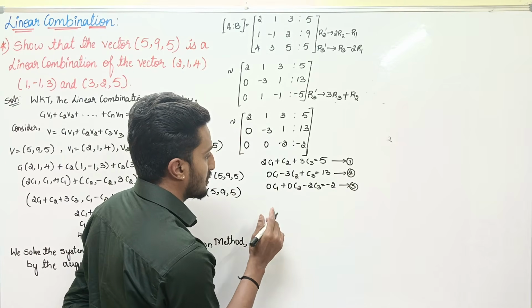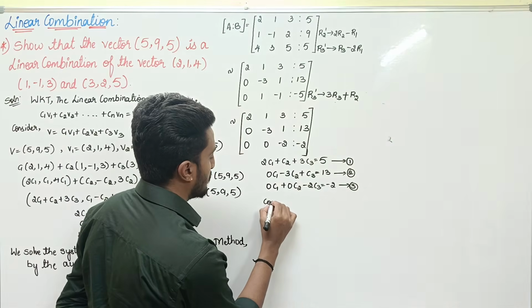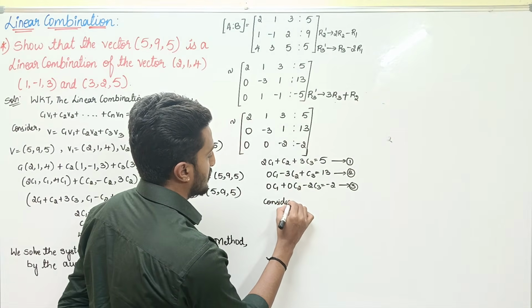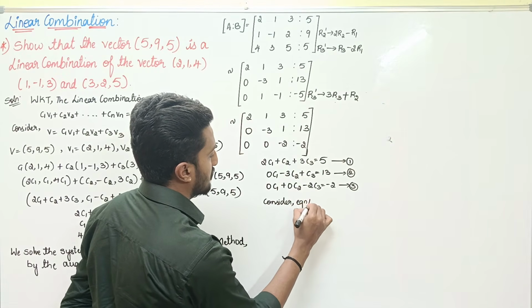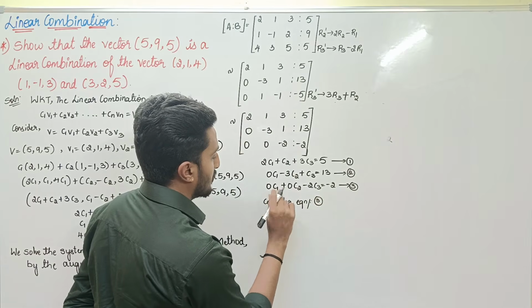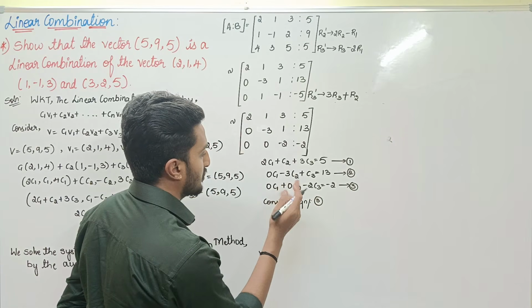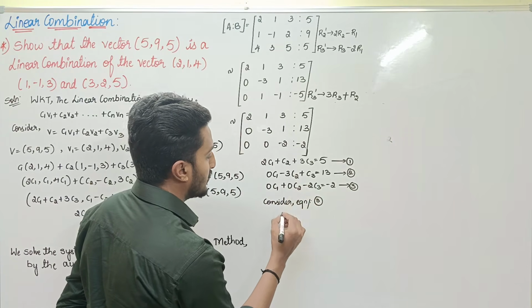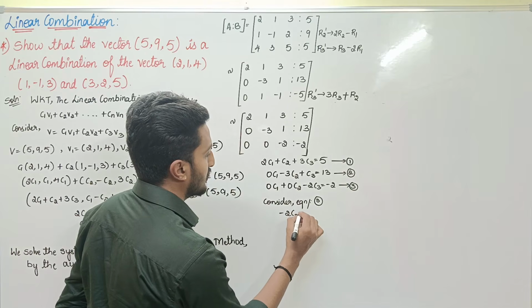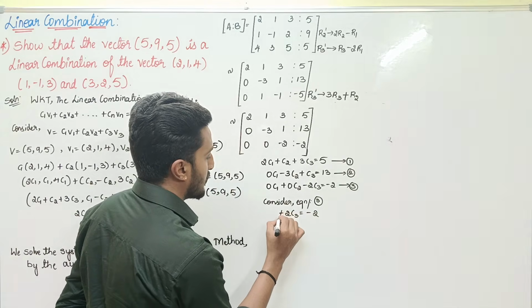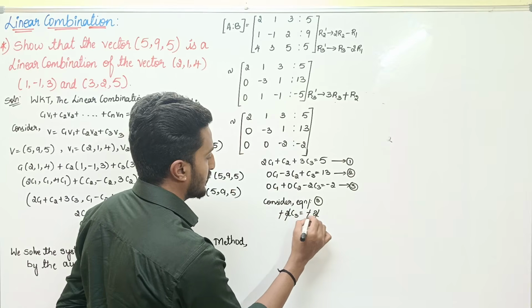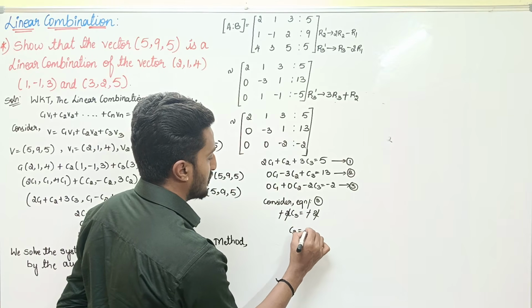Anything multiplied by 0 is 0. Consider equation number 3. 0C1 and 0C2 give 0. Minus 2C3 equal to minus 2. The minuses cancel, the 2s cancel, so C3 value is 1.